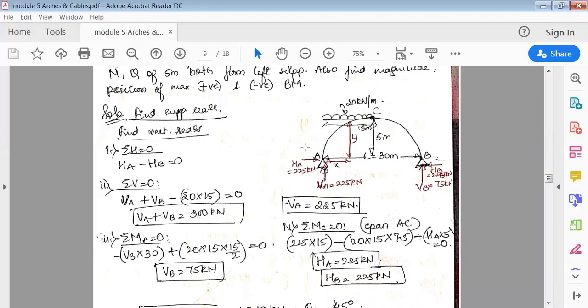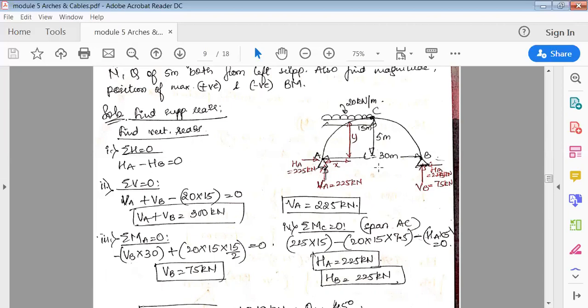Next, moment about A is equal to 0. VB into 30 is going anti-clockwise, so minus VB into 30. Next, this load: 20 into 15 by 2, because it's a UDL, is equal to 0.